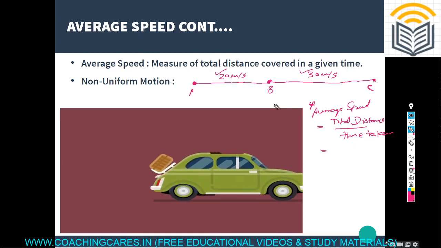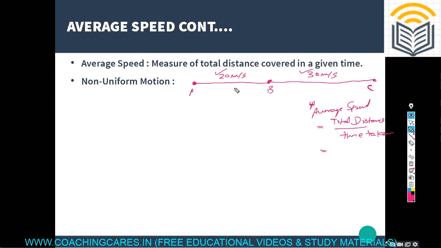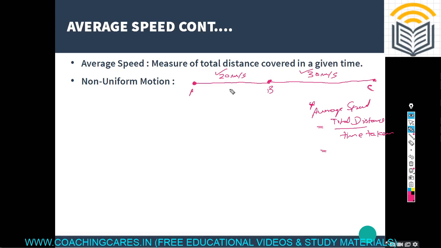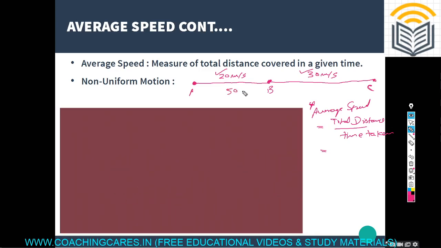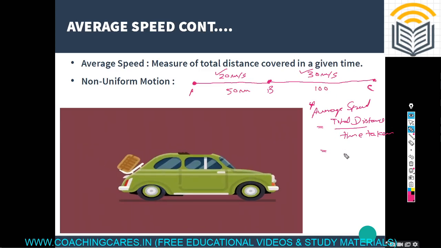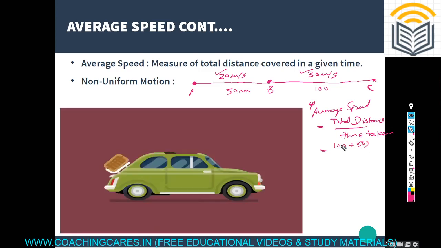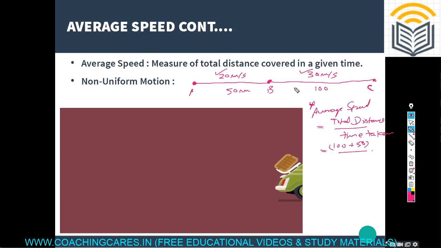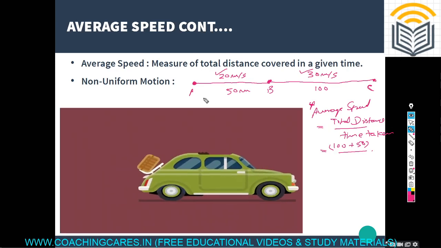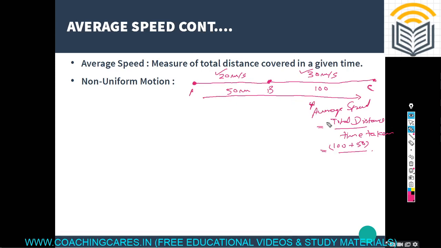Suppose this distance is 50 meters and this distance is 100 meters, so total distance is 100 plus 50.